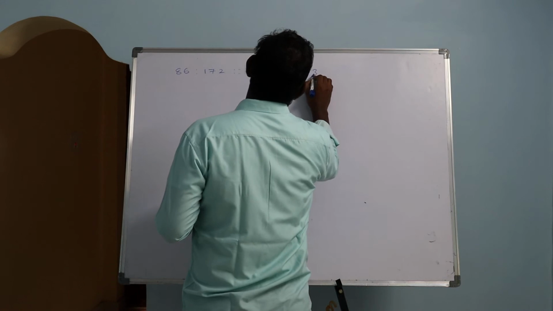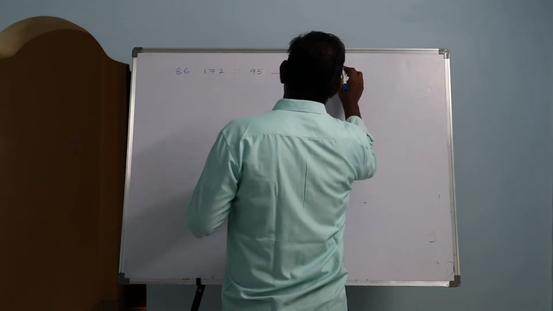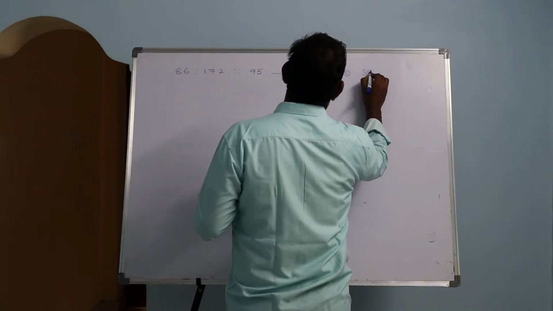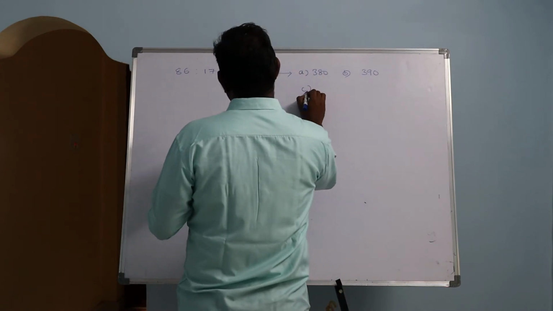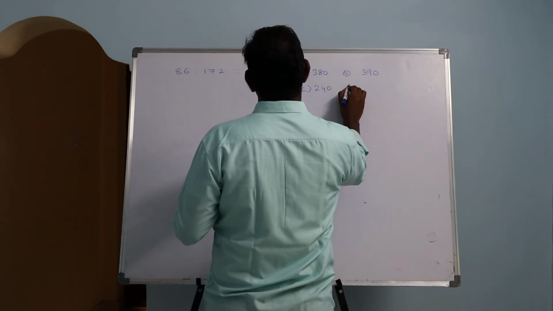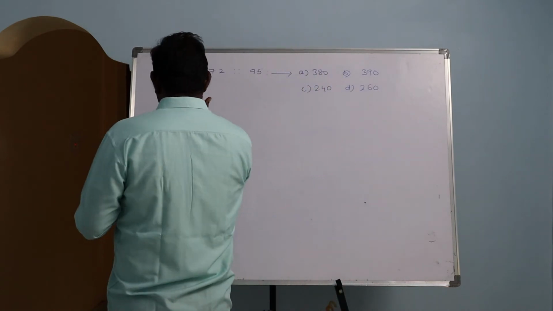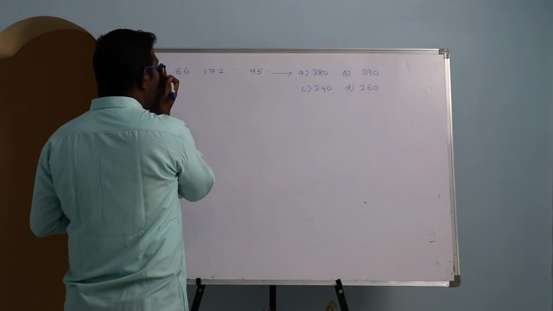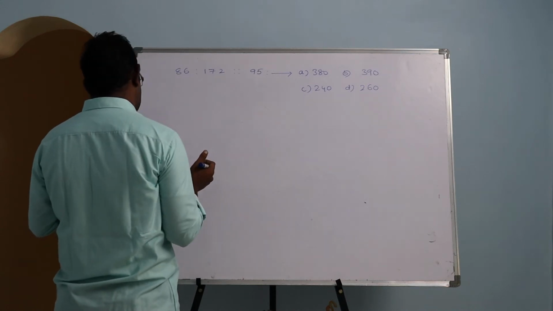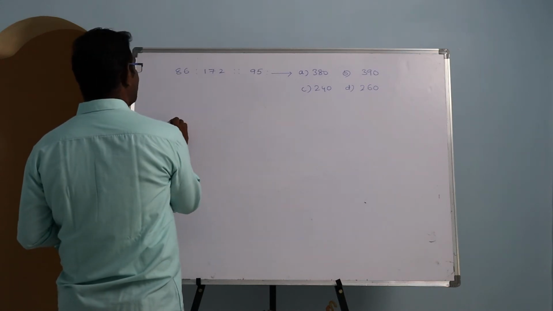Option A is 380. Option B is 390. Option C is 240. Option D is 260.